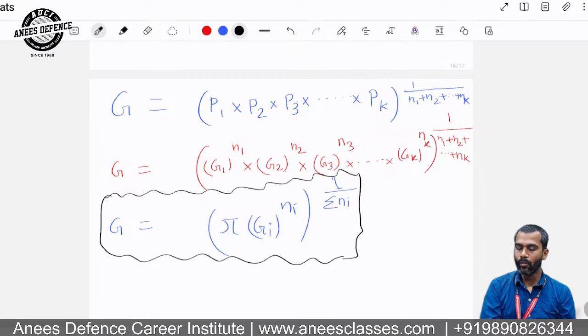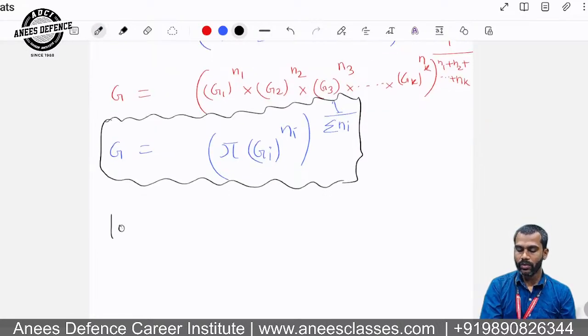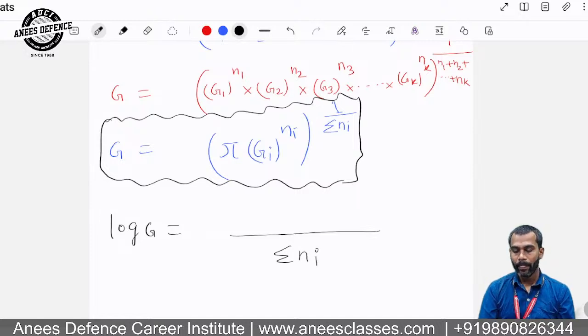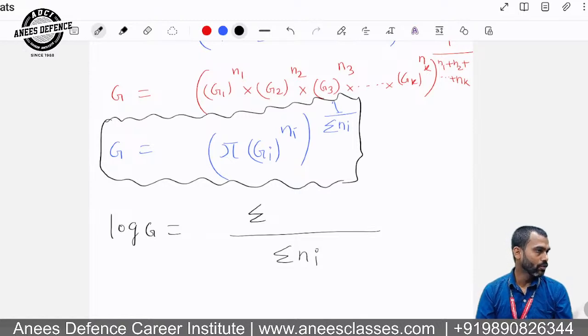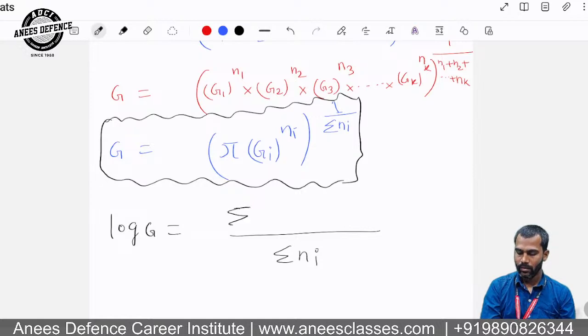So this is the formula. If I take log on both sides, what will we get? Log G is equal to 1 upon summation Ni, and here if you take log on a product, it becomes summation. So summation Ni log Gi.